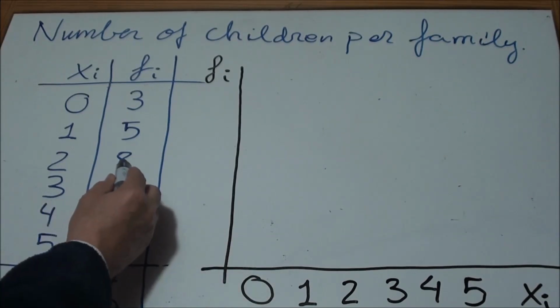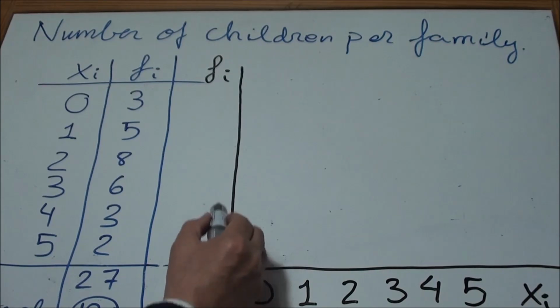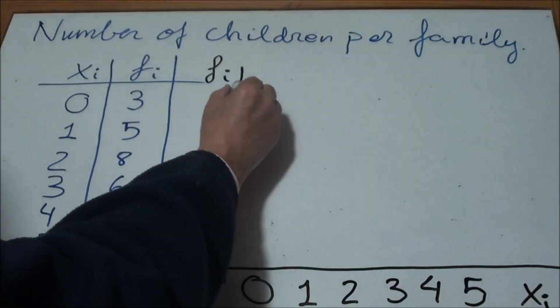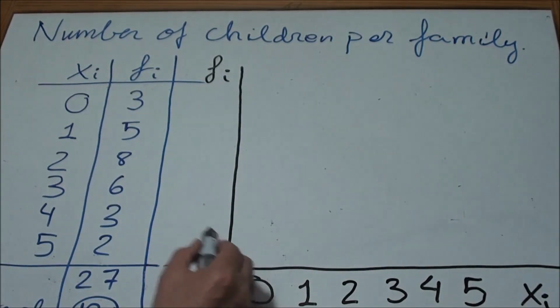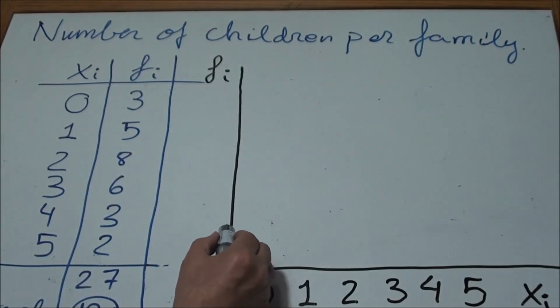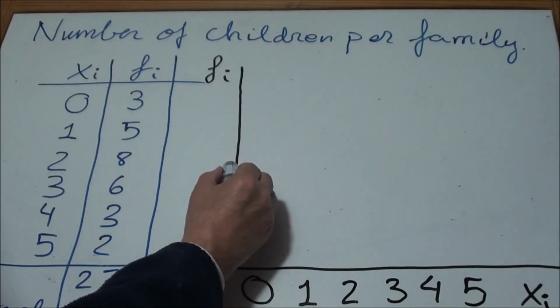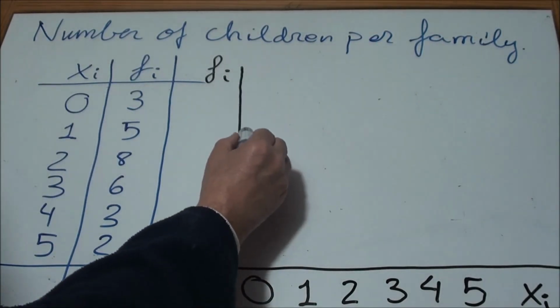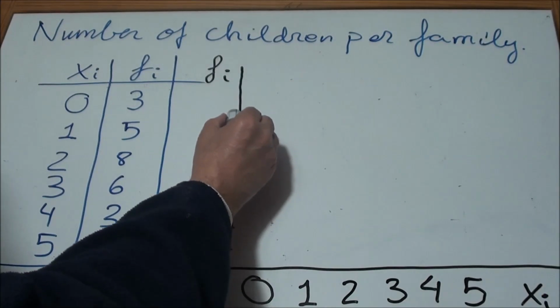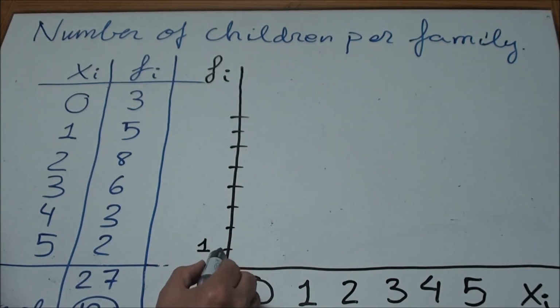And the frequency has to go all the way up to 8. So let's make it smaller. 8 must be around here, because 8 is the highest number. So 1, 2, 3, 4, 5, 6, 7, and 8. So this is the families.